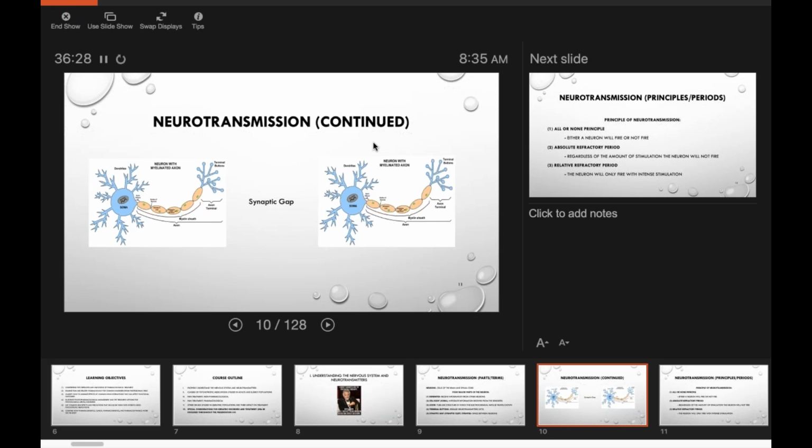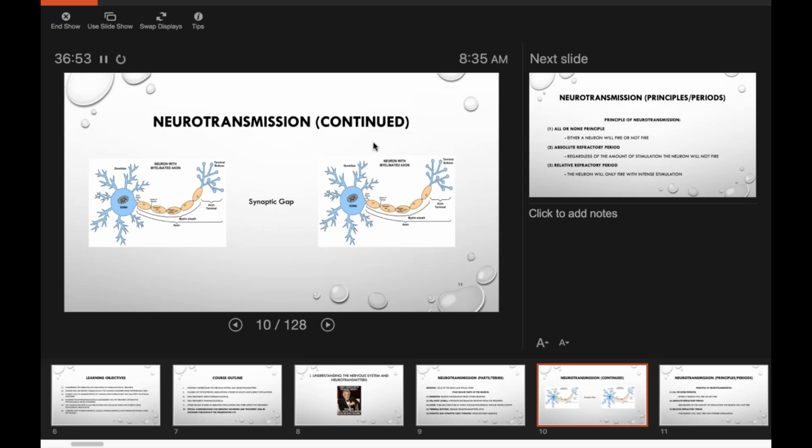So what that process is called is reuptake. Reuptake. So it cannot bind to the next dendrites because it's being sucked back in. That original neuron, that first neuron, is sucking it back into its own terminal buttons. So there's nothing to bind to the next neuron. That is called reuptake.